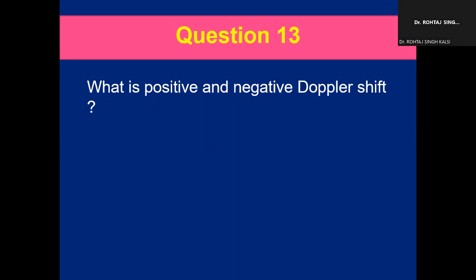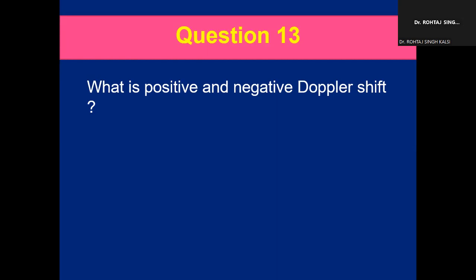Towards the transducer it is positive, and away it is negative. Which velocity is towards the transducer, which is away? No, sir, I have no idea.